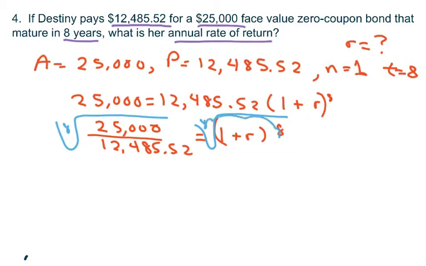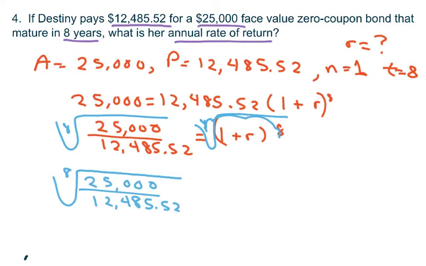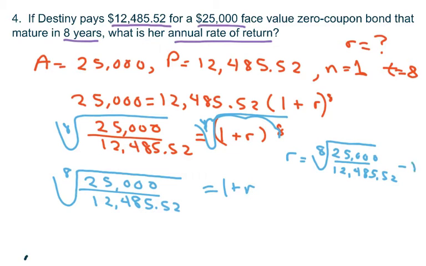So this part cancels. So you get the 8th root of this, and it equals 1 plus R. Subtract the 1, and you're going to get R equals this minus 1.